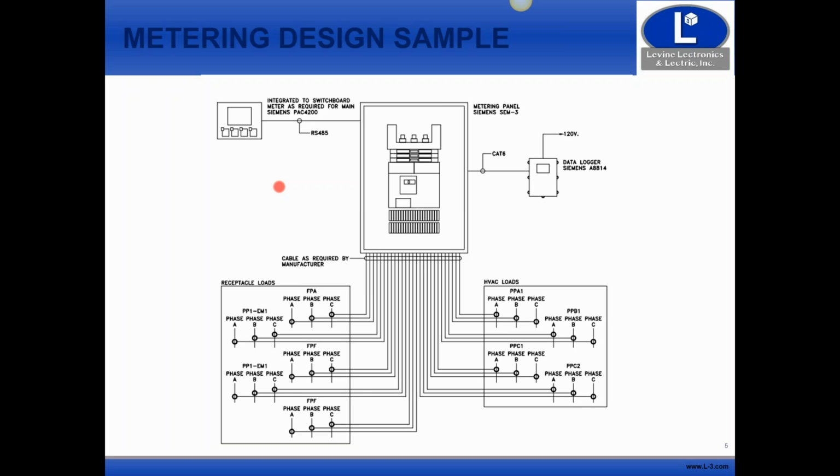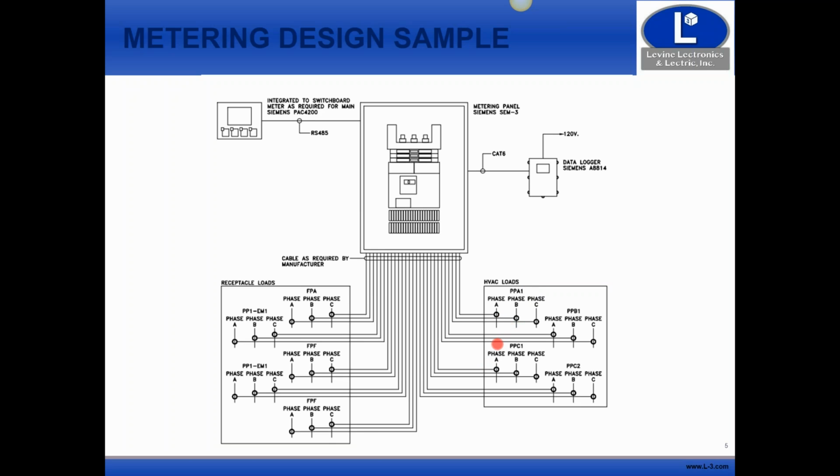What you do is you've got CTs in each one of these different panels. As you can see here, this particular person put receptacle loads. So these are all receptacle loads here on these panels, and then over here you've got your HVAC loads on all these panels.